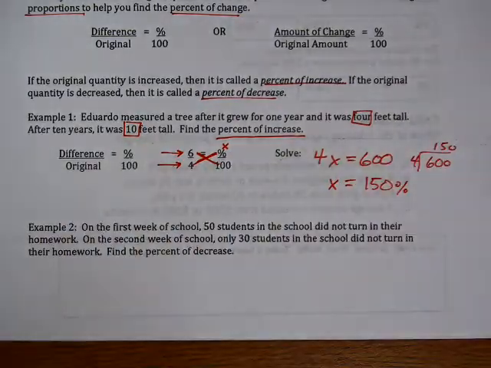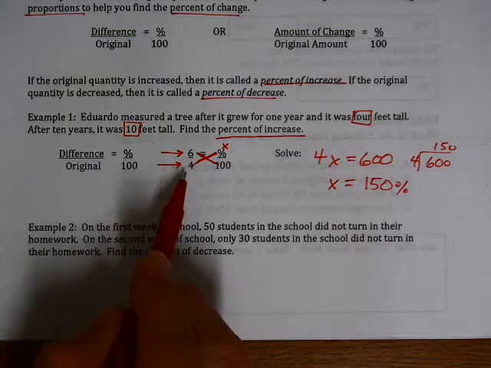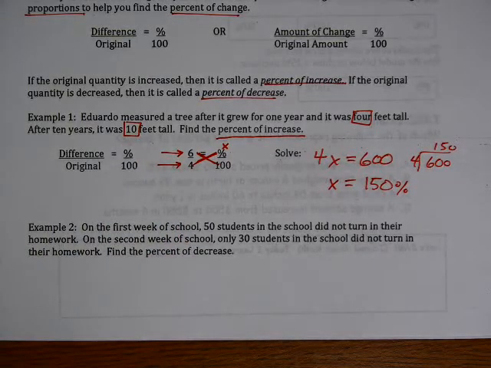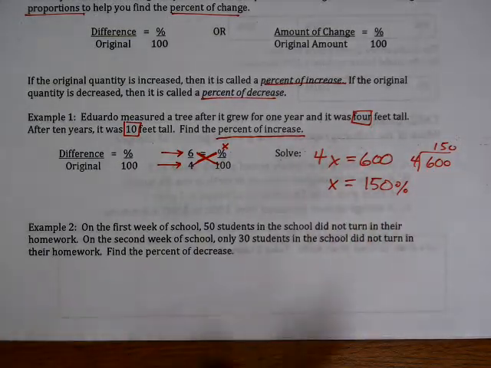Now, this might look a little weird that it says that the percent is 150, but if something doubles, it's gone up 100%, right? If the tree went from 4 feet to 8 feet, well, it increased exactly what it was before, so it went up 100%. So in this example, it actually went up 6 feet, which was taller than it started, so that's why the percent is higher than 100. So the percent we found, 150.